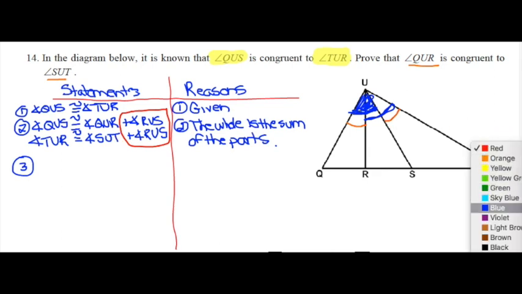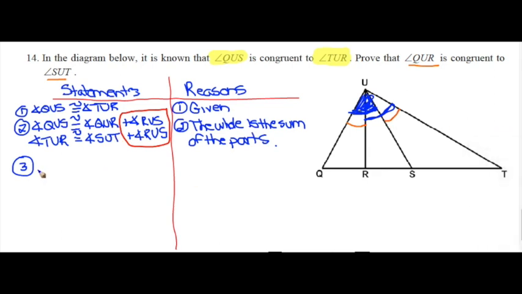Now let's take these parts and set them equivalent. Angle QUR plus angle RUS, this part here, is congruent to the other side here, angle SUT plus angle RUS.